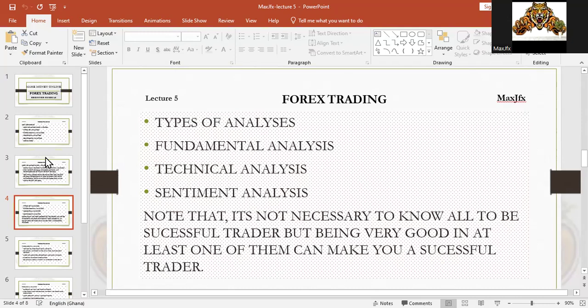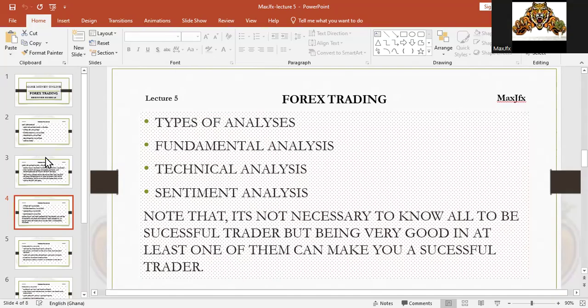The fundamental analysis is basically using news, so it's known as news trading. You are using what is happening on the global economic scale. What is happening in the world? We consider that in order to make decisions in the market.